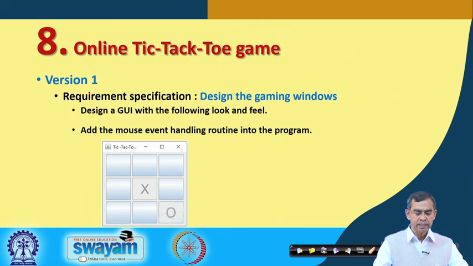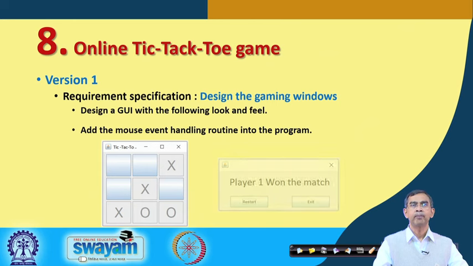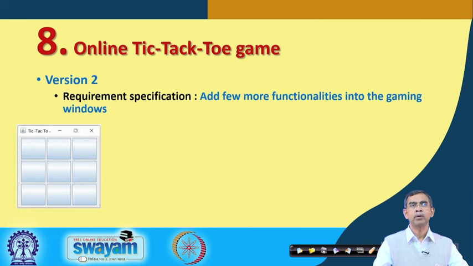The other player's selection will be marked as 0, and it will continue, with every player getting their own turn to mark the selection. Once a player wins the game, automatically a message box will appear showing that player A or player B won the match. This is the interface that you have to develop first, and this is the first phase of the program.